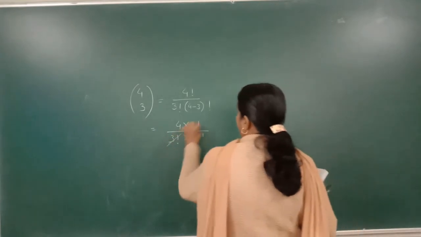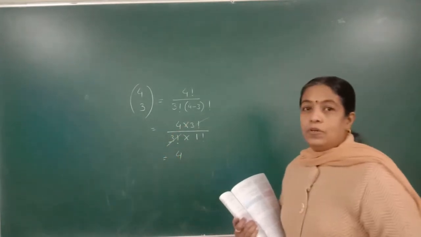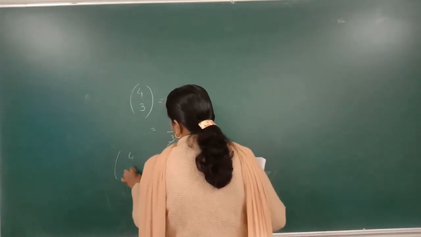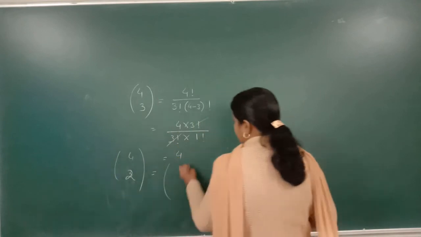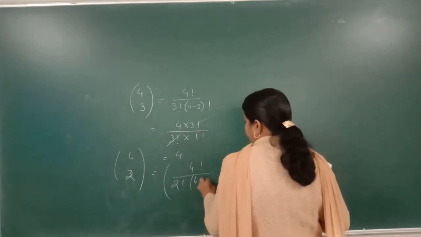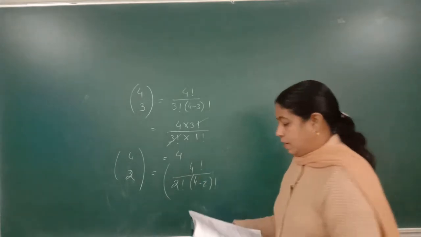This 3 factorial gets cancelled. 4 upon 1, that is 4. This is how its value comes. Suppose you want to find 4C2, then how do you write this? 4 factorial upon 2 factorial into 4 minus 2 factorial. Got it?